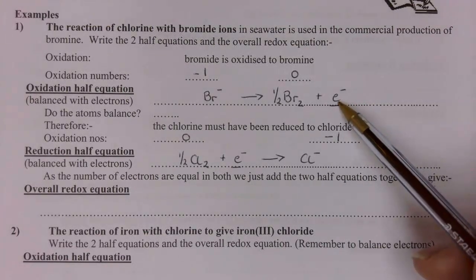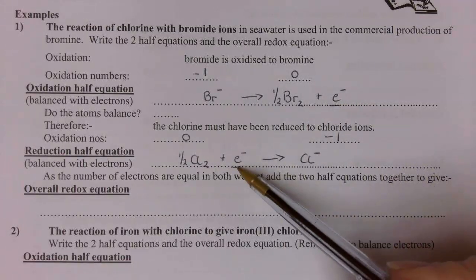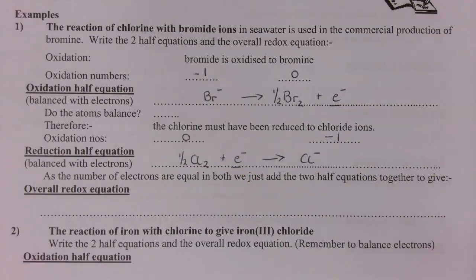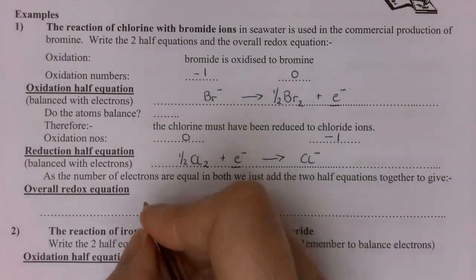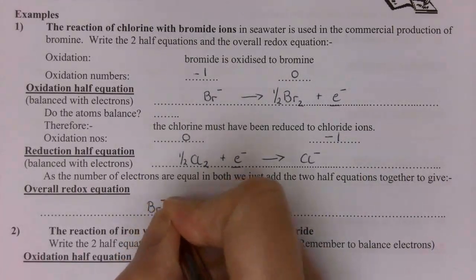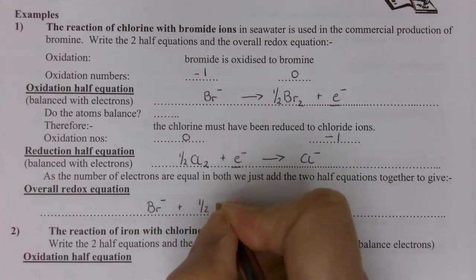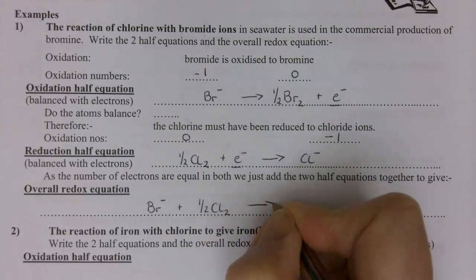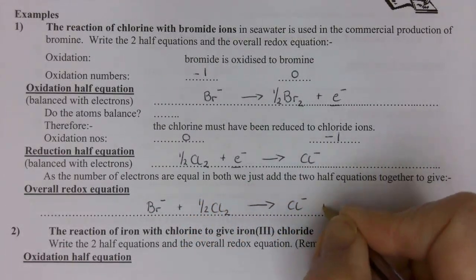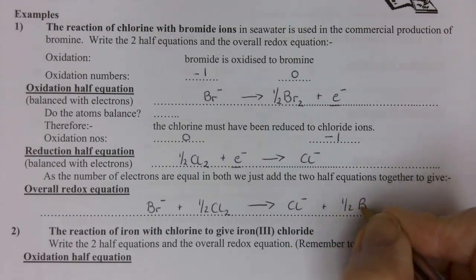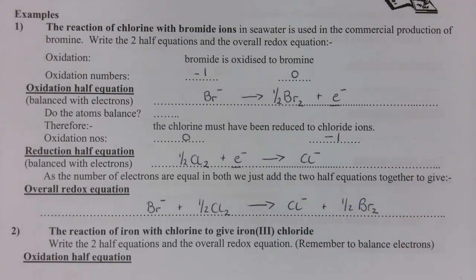Well, they do in this case because I've got an electron on this side and an electron on this side, so I can just add the two half equations together. So I get Br- plus half Cl2 going to Cl- plus half Br2. Just go back and double check it by charge balancing it. So I've got a -1 charge on this side and a -1 charge on this side, so that charge balances.